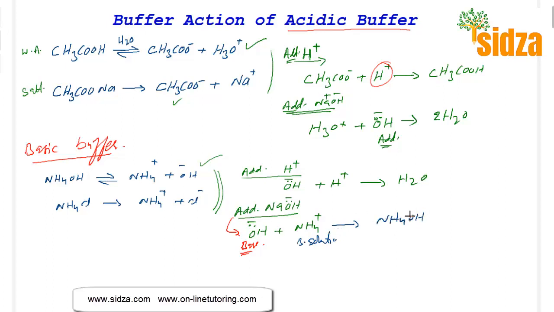So again it will neutralize the effect of the base. That means whether you add an acid or a base to an acidic buffer or a basic buffer, it will resist the change in its pH.